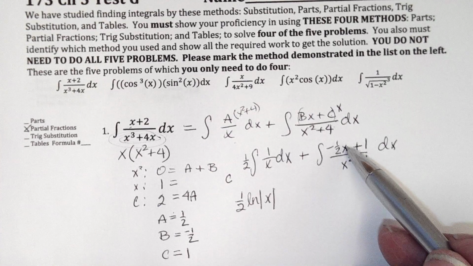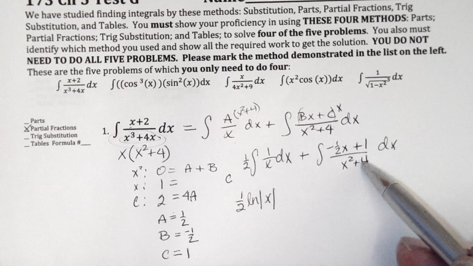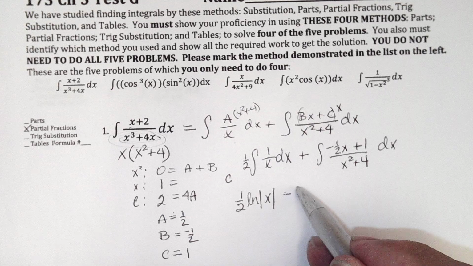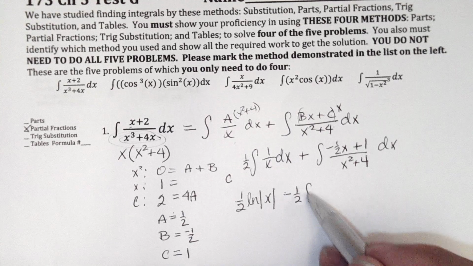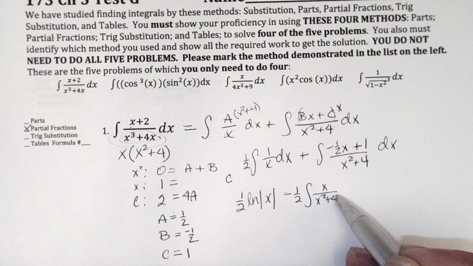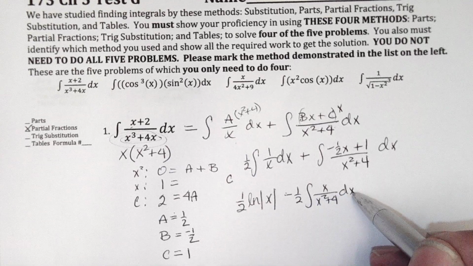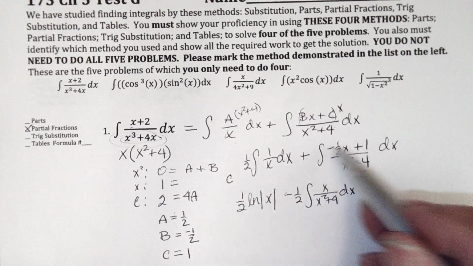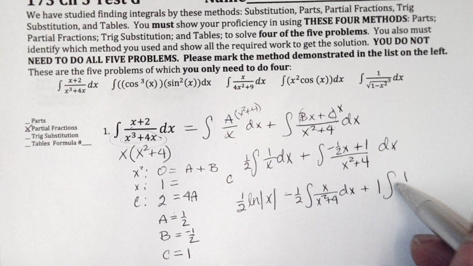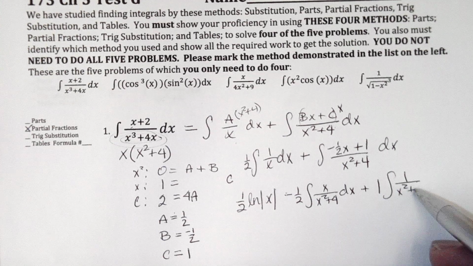Since the numerator has addition, I can put this over the denominator and 1 over that. So I'm going to have minus 1/2 x over x squared plus 4. And then plus 1 integral of 1 over x squared plus 4.